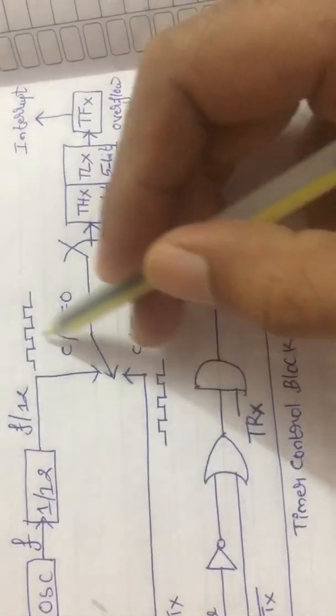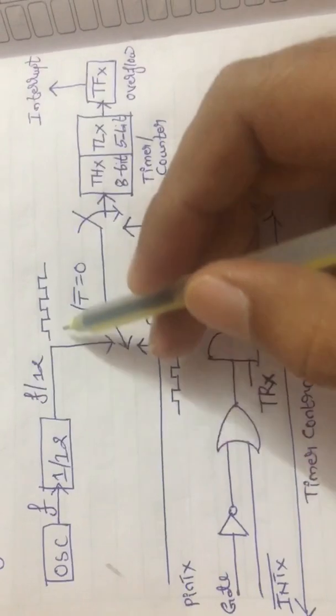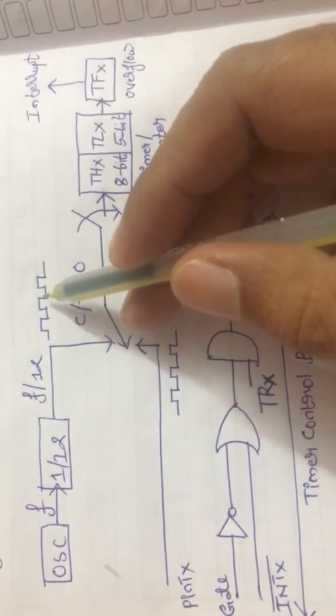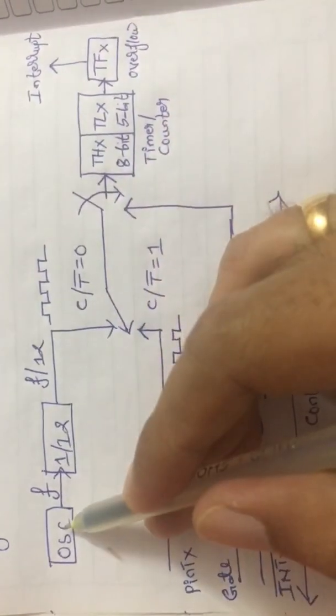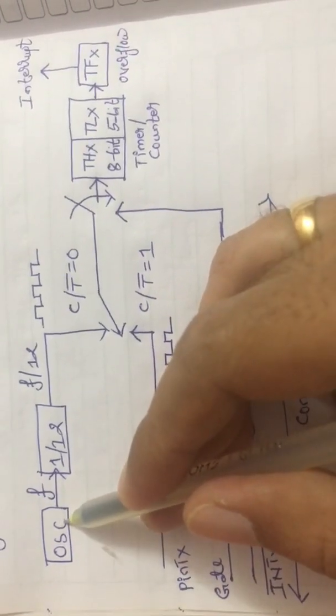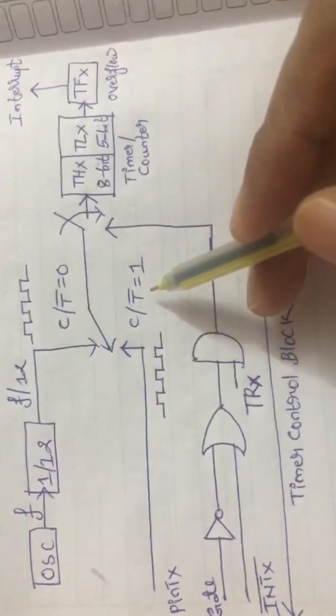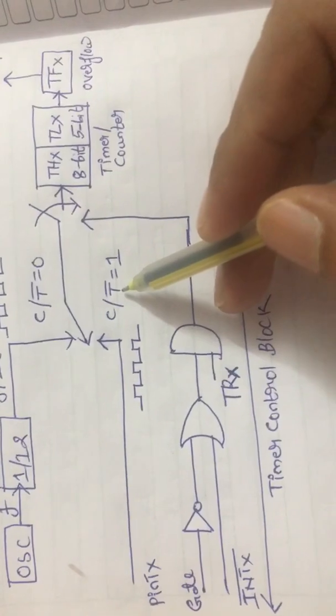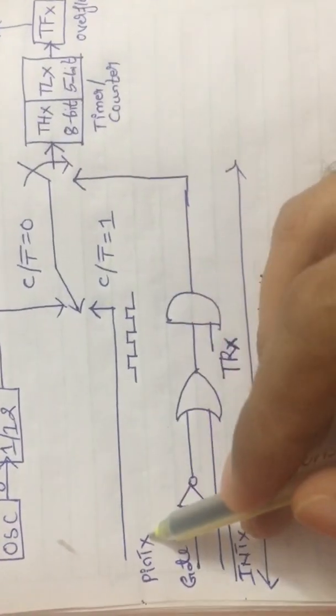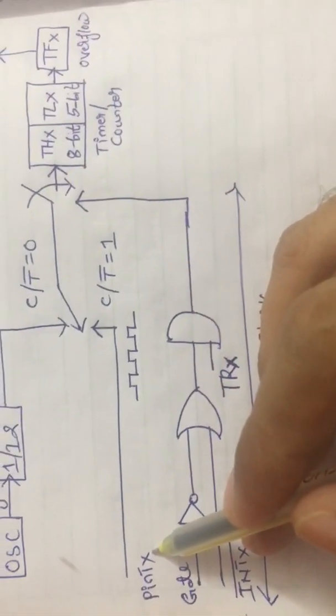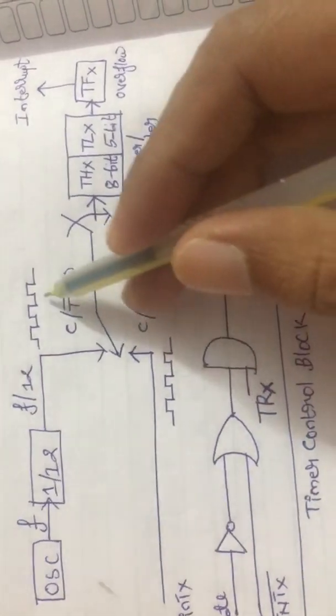If I'm in timer mode, the clock pulse will be generated from the oscillator and the 1 by 12 circuit. If I'm in counter mode, the clock pulse will be generated with the help of pin TX, right? So I will get these pulses.